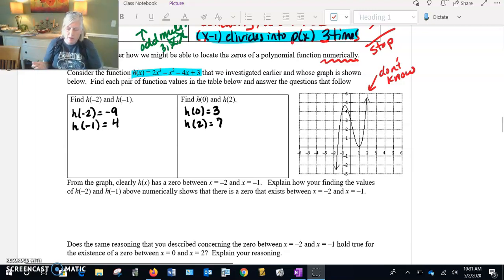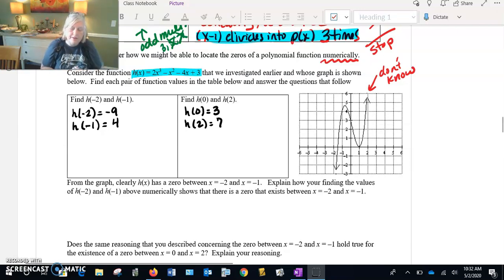Now, the other thing that we want to take a look at is, what does that actually tell me about this function? From the graph, clearly, if I look at the graph, h of x has a 0 between -2 and -1. That's fairly obvious as we are looking right here in the graph.